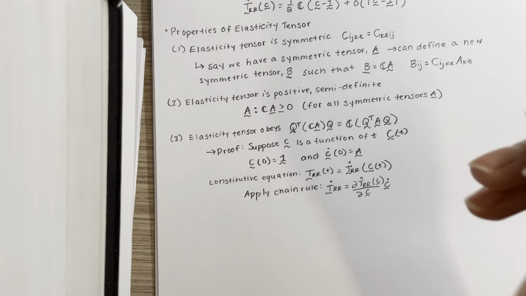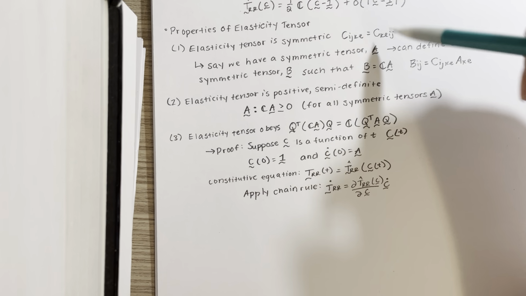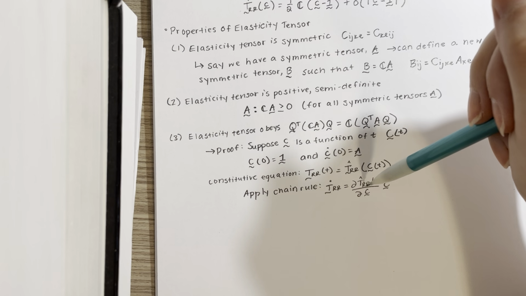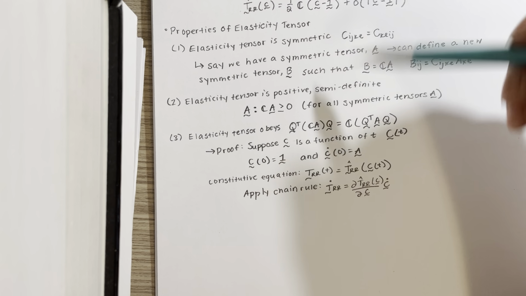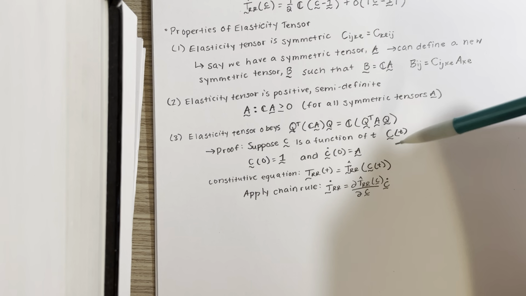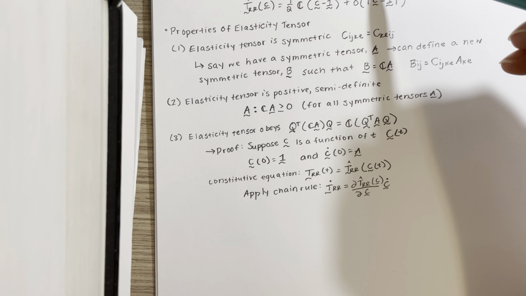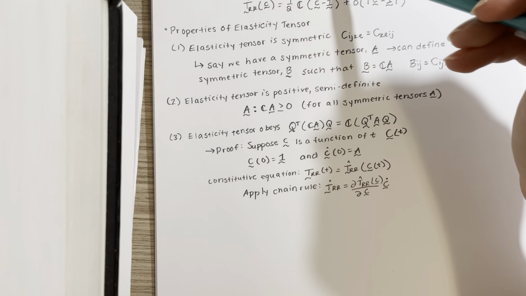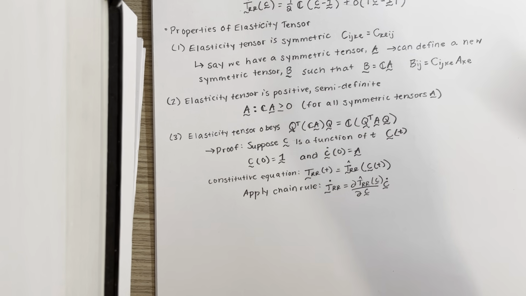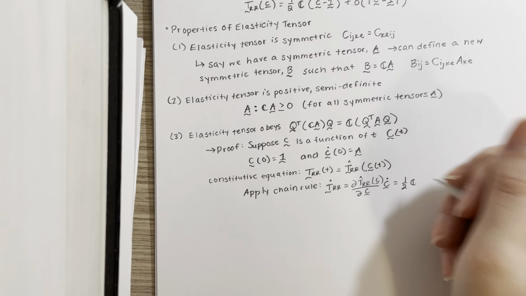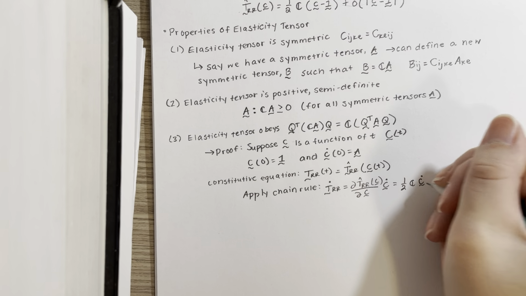But then from above we said that 2 times the derivative of T_RR with respect to C at C equals 1 is equal to the elasticity tensor, which means we can rewrite this as 1/2 the elasticity tensor times C dot.